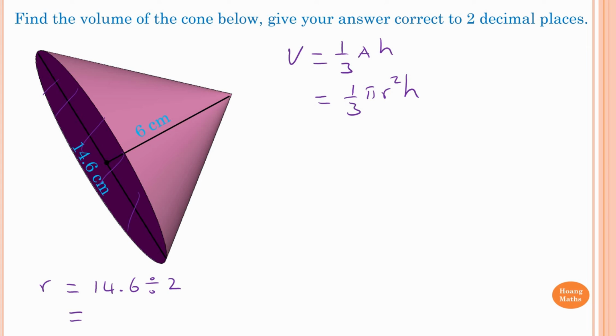So you can just use calculator, otherwise half of 14 is 7 and half of 6 is 3. So the radius is 7.3 centimeters. So which is equal to 1 over 3 pi times 7.3 square and times the height of the cone, which is 6 centimeters. So just times by 6.